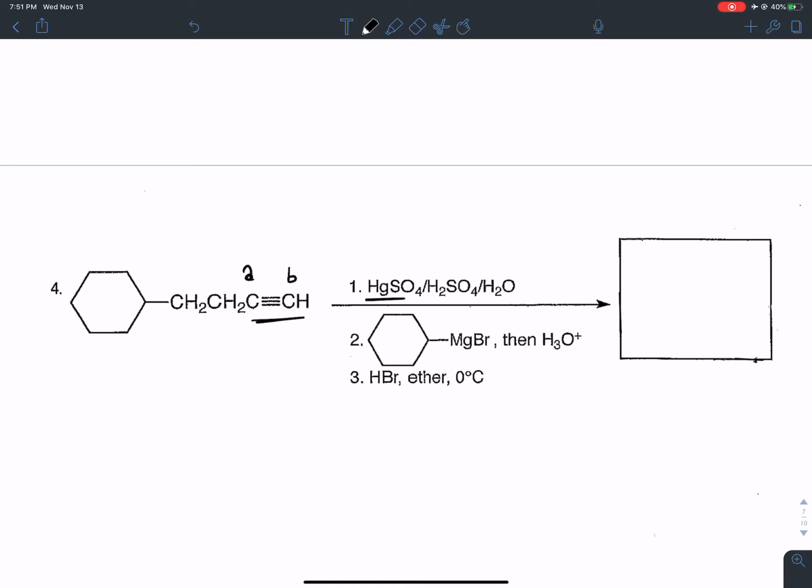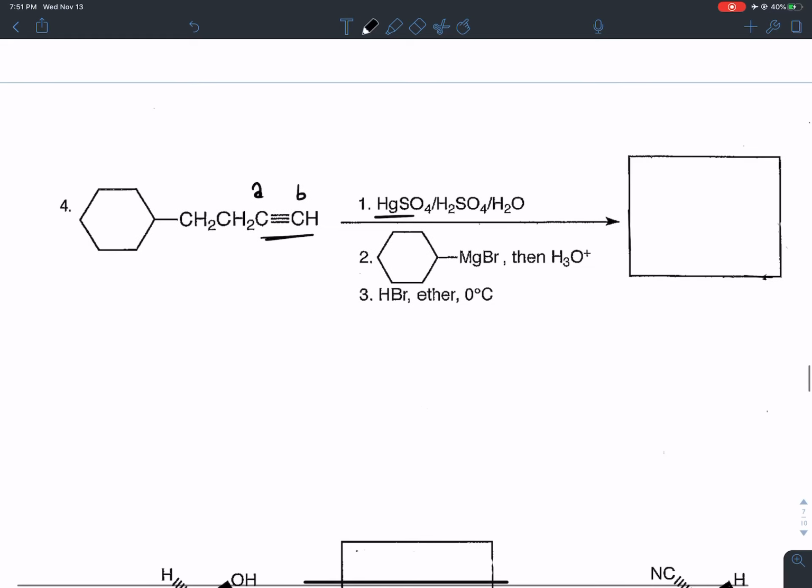A is more substituted. B is the terminal end, so it's just one carbon there. If we're adding to the Markovnikov side, we're going to want to add that carbonyl to carbon A. There's no double bond left over.